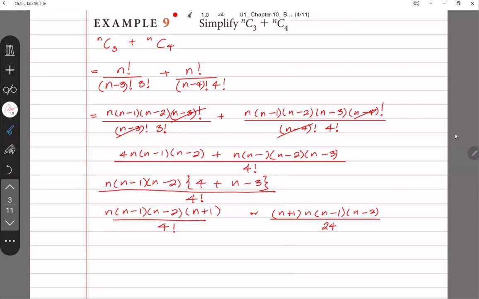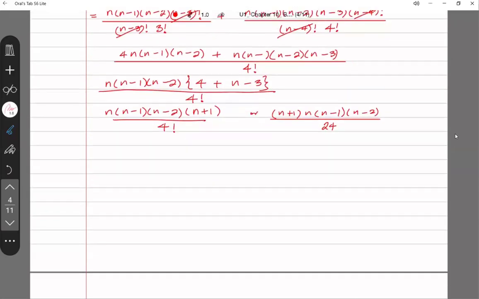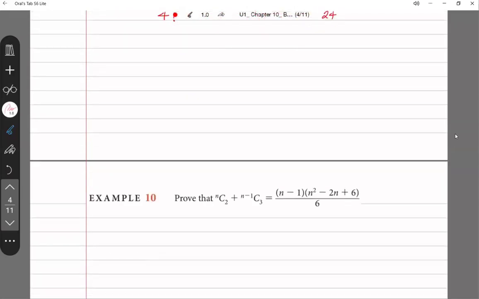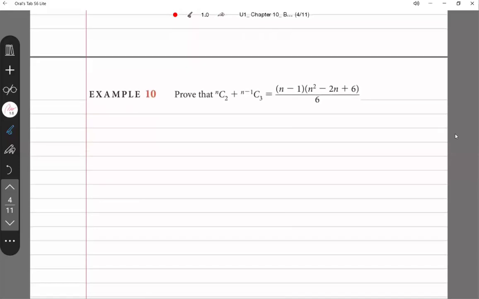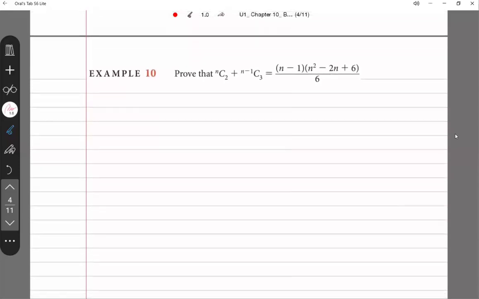All right. Example 10. I'm guessing, is a similar question. We're asked to prove that the left side is equal to the right side.